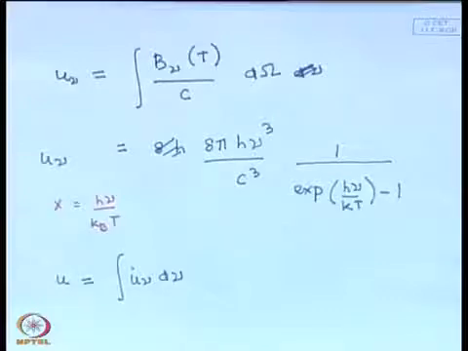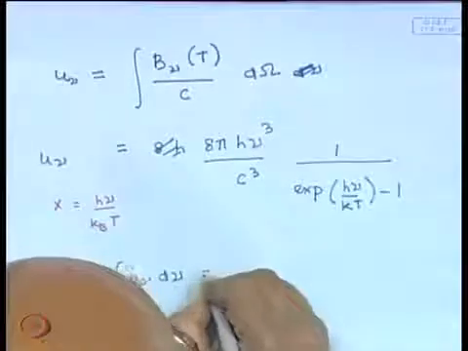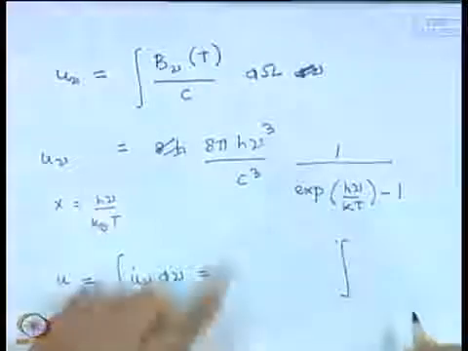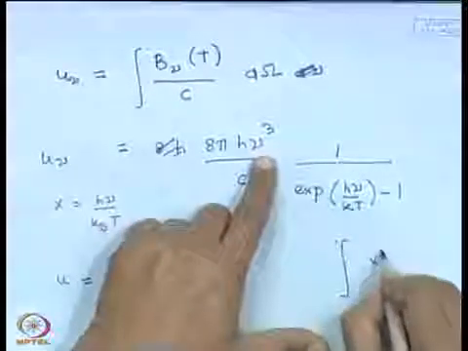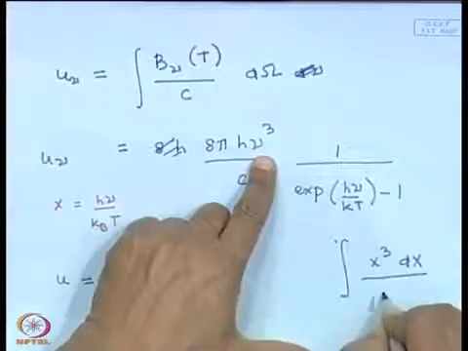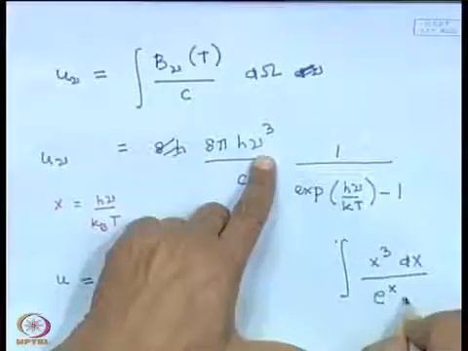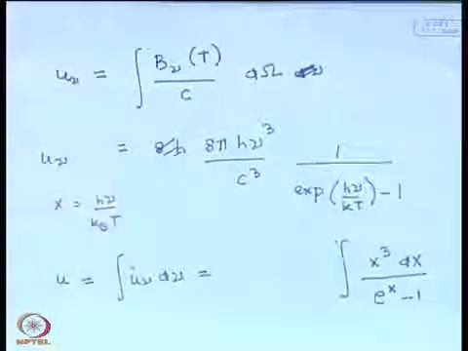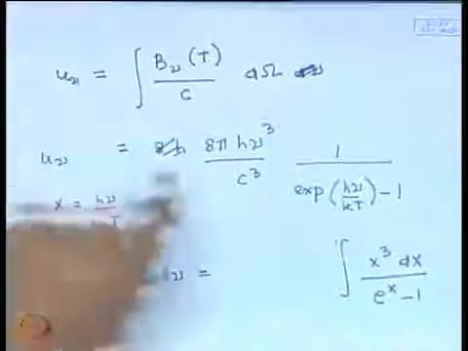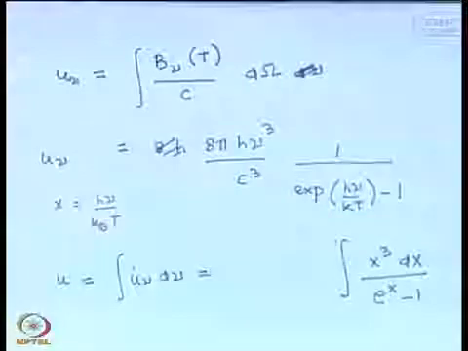So, if you do that, then the quantity that is integrated is x cube dx by e to the power x minus 1, and the rest are just constants outside. So, let me write down those constants.